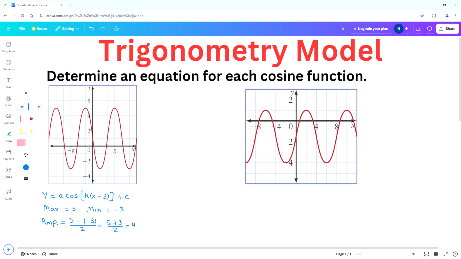The amplitude is 4. The formula for equation of axis is maximum value plus minimum value divided by 2. Equation of axis is a horizontal line, so we write it as an equation y equals 1.